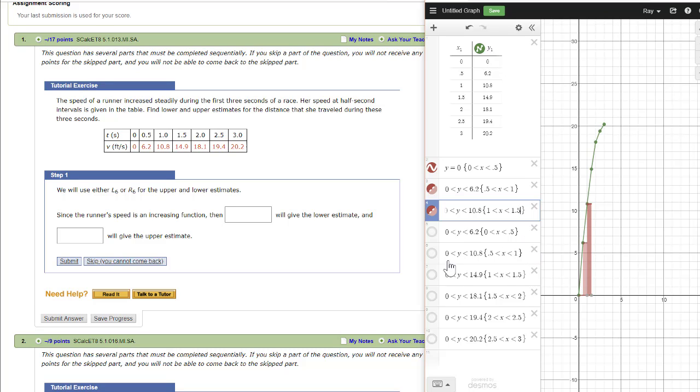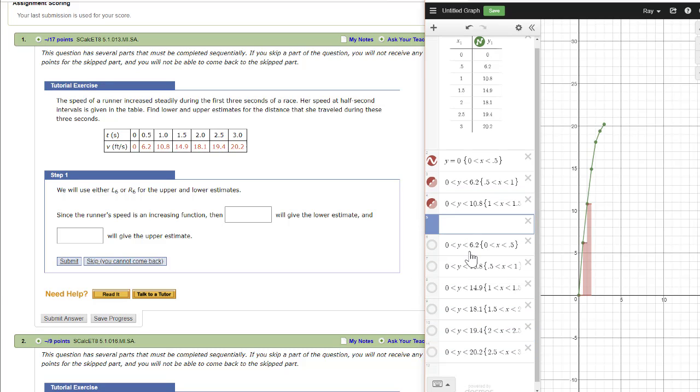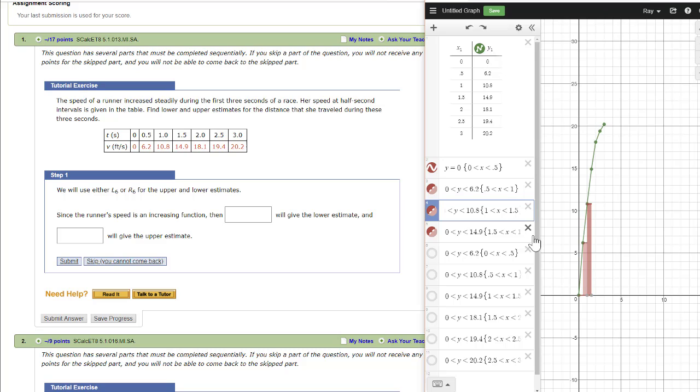If we continue on doing this, let me just do one more. Our next rectangle would be this at 10.8, matching up the colors and going from 1.5 to 2.